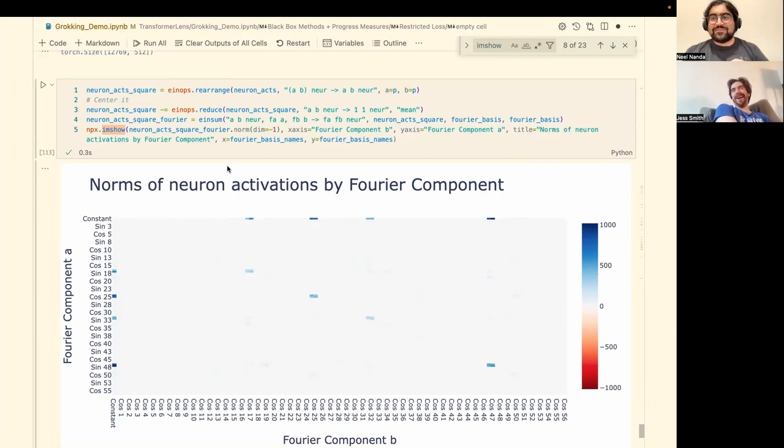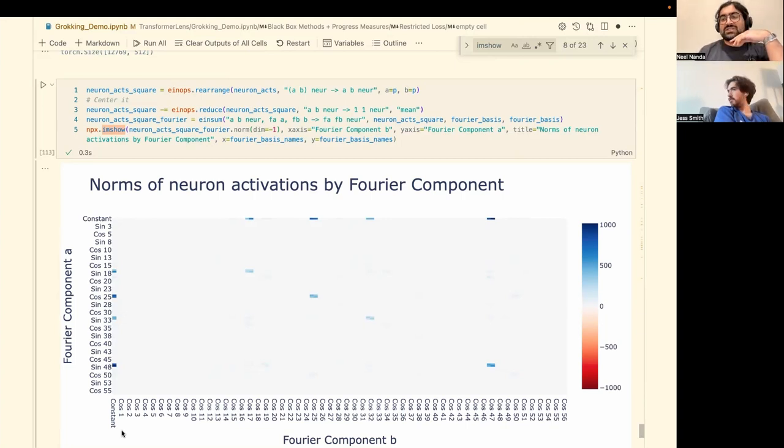You can think of the inputs a and b as being rotated to give us a set of neuron activations for each of these periodic functions. This is just a mathematical claim that for any function on pairs of integers between 0 and 112, you can do this.